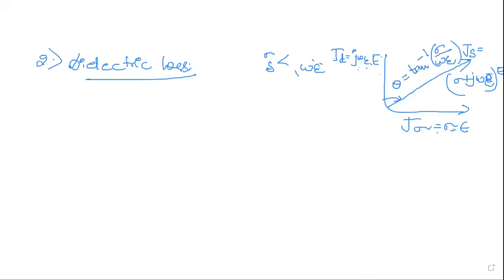I'm just telling you how this theta has come. This tan theta is nothing but opposite by adjacent, which gives sigma by omega epsilon. So just forget about this, let it be on one side. When we derive it, I'll tell you why exactly that is.